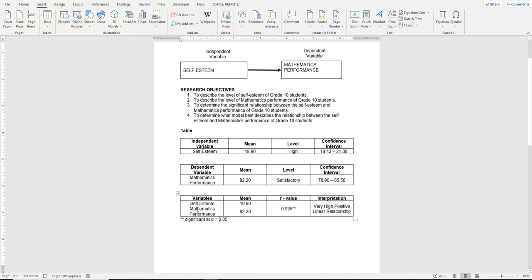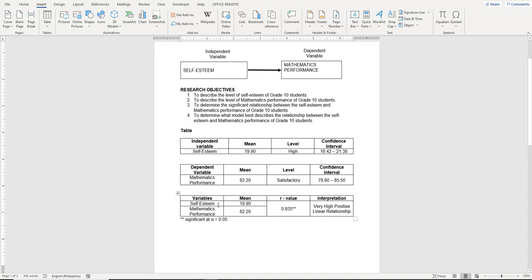Now, let's have number 4. Since the self-esteem and mathematics performance have a significant relationship, then we can proceed to number 4, the model. If the variables are not significant with each other, we are going to discard objective number 4. I'll repeat: if the variables have a significant relationship, then we proceed to number 4.